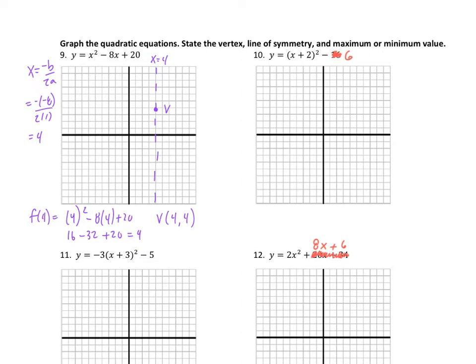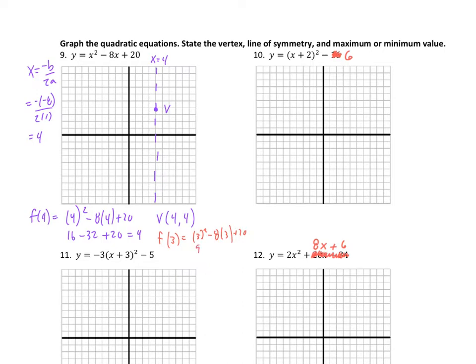It wants me to do maximum or minimum value. I'm going to go ahead and find some more points first. So what I'm going to do is find f of 3, since 3 is right next to 4. I'm going to move to the left as I find points. So 3 squared minus 8 times 3 plus 20.